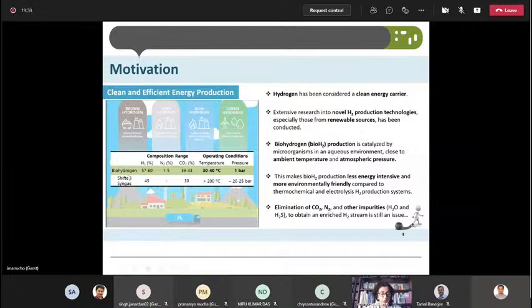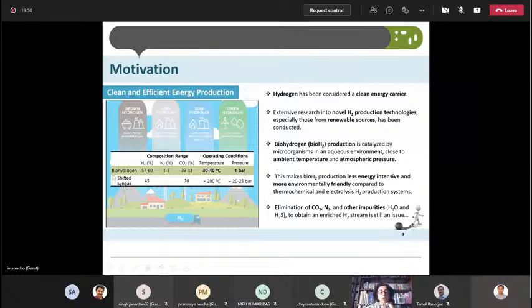So we have here the production of biohydrogen and the conditions. We can see that its major contaminant is CO2, and those are the temperature and pressure that I mentioned to you.